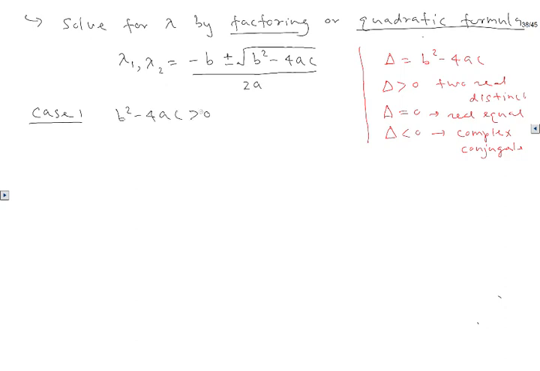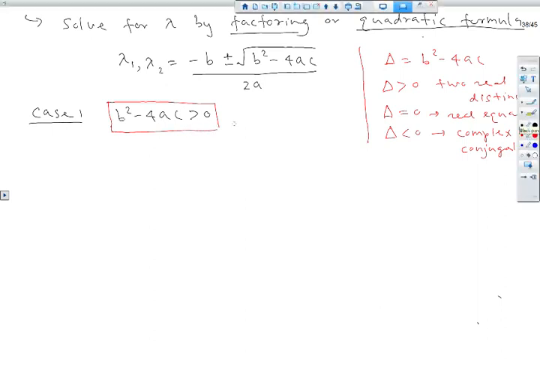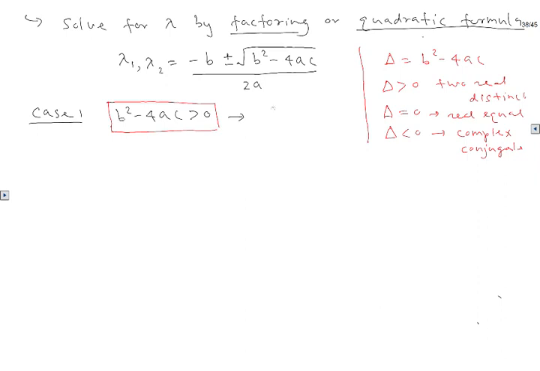In this case, we have two real distinct solutions. We can call them lambda 1 and lambda 2. So we get lambda 1, one solution, and lambda 2, the other solution.